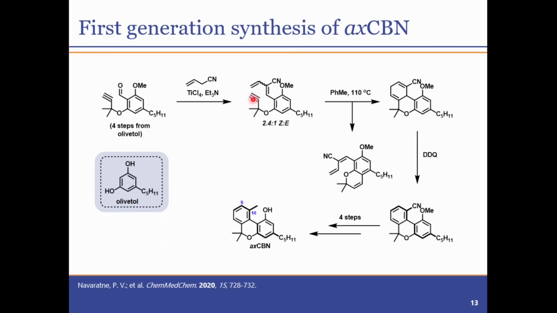And this diene can then, under thermal conditions, undergo a 4+2 cycloaddition, essentially forming bonds between this alkyne moiety and the diene species, cyclizing to this cyclohexadiene.